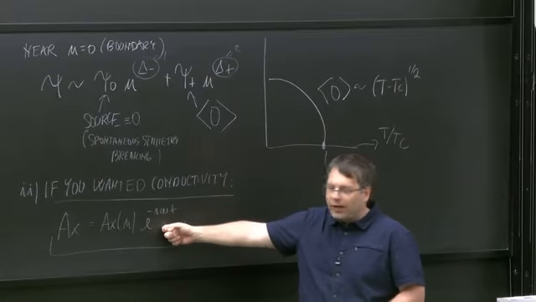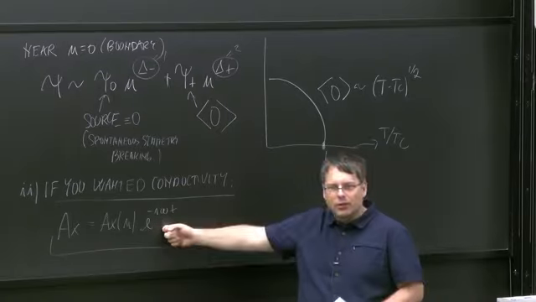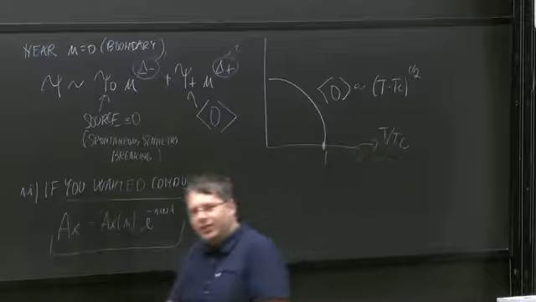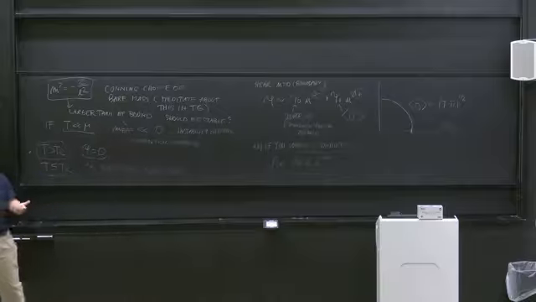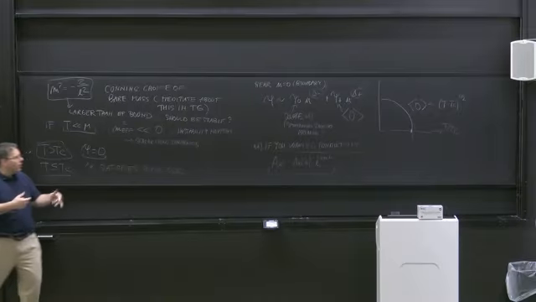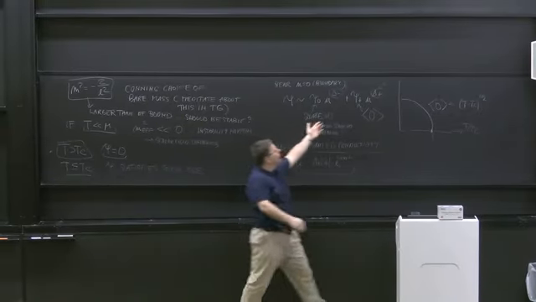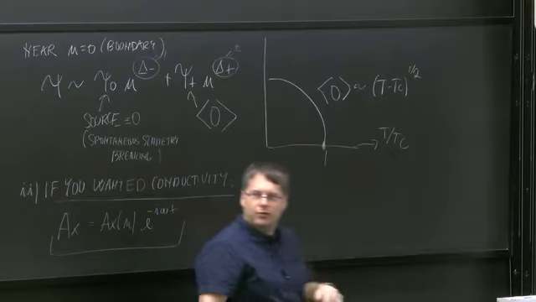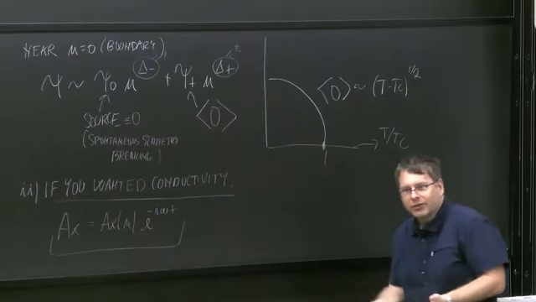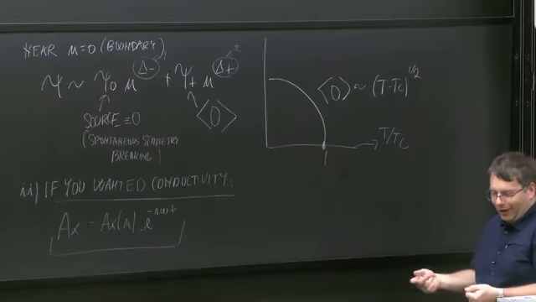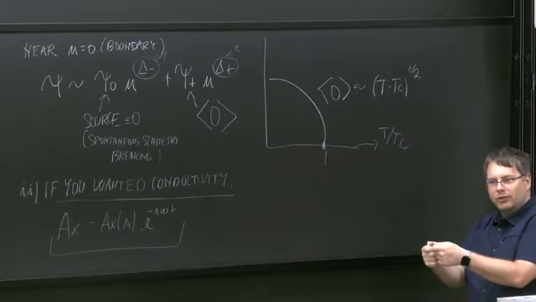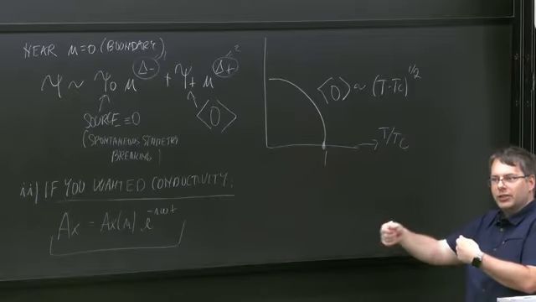Okay, and then again, you write down the equation for A_x. You expand it at infinity, close to the boundary. You look at the expectation value of that. You look at the right falloff, this one here. That gives you the expectation value of the current on the boundary. Then you can relate this expectation value of the current to the electric field through Ohm's law.